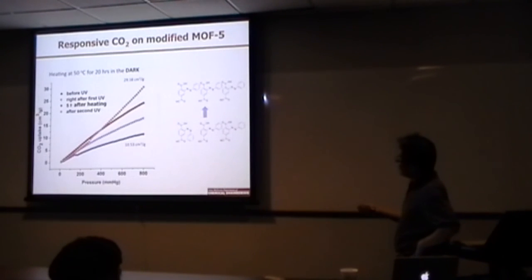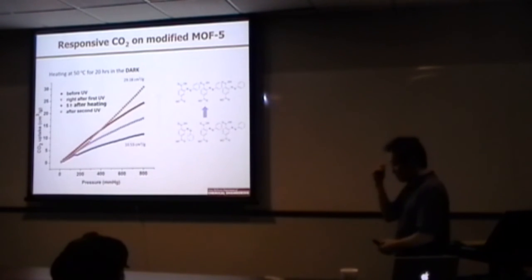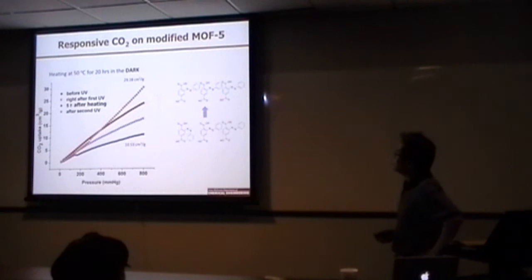The problem with this material is that the CO2 uptake is still very low, and as you might imagine, this process is kind of long. It takes time. It's not like an instantaneous switch. So that's something we have to work on, but in principle, it's an interesting, exciting idea.